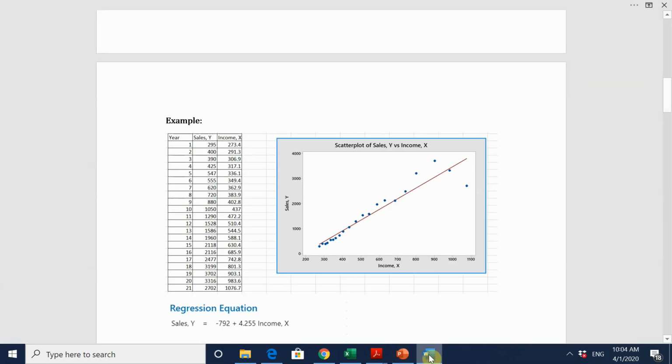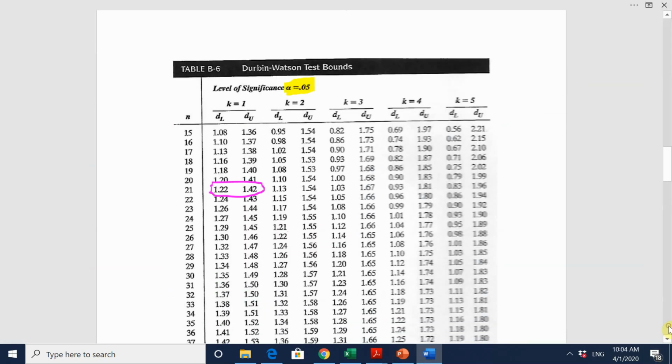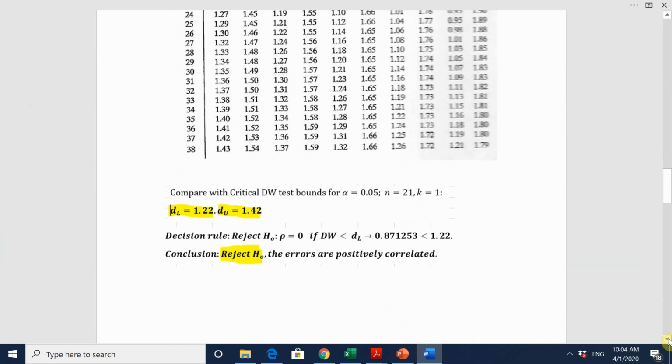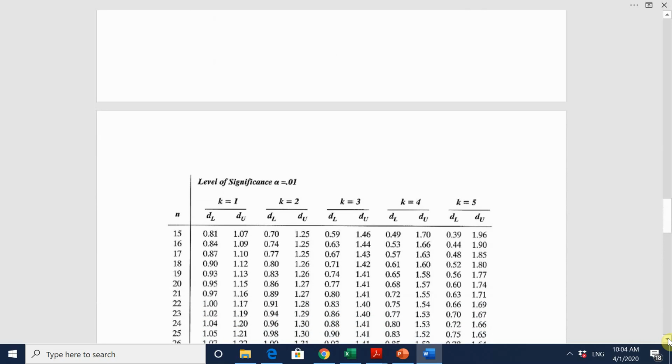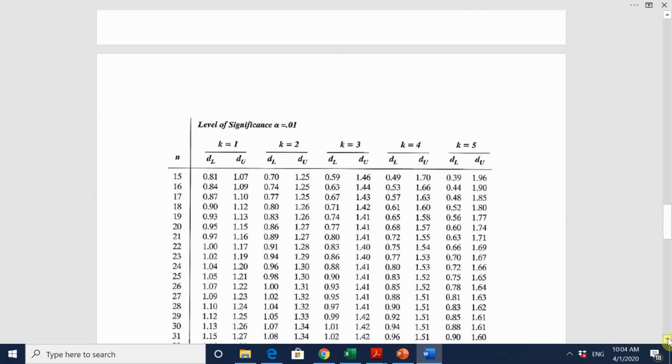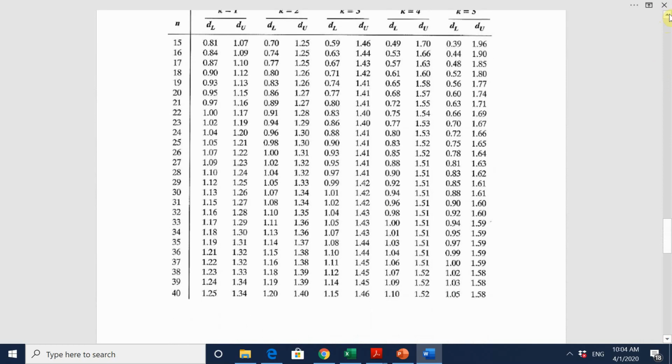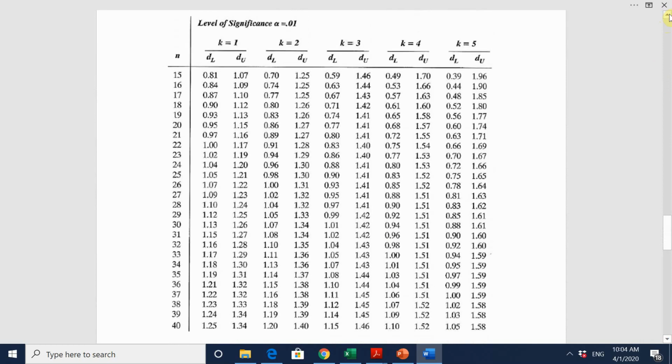So if I go to my Durbin-Watson table once again, let me scroll down here. Actually, I do not have that information available. If I were to do this test at a significance level of 0.01, by the way, you can get the critical values at alpha 0.05 in the Durbin-Watson tables that I've posted for you.